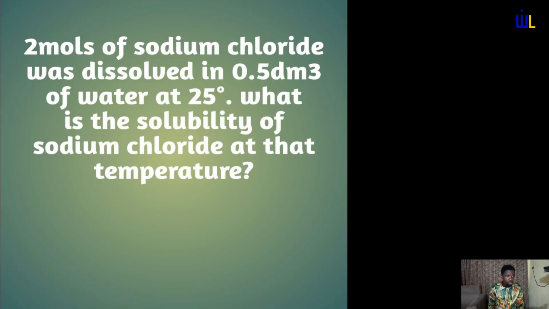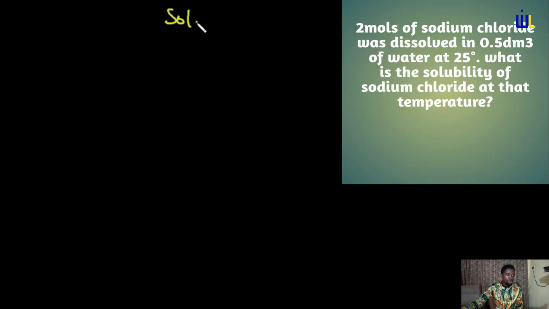The question says 2 moles of sodium chloride was dissolved in 0.5 dm³ of water at 25 degrees Celsius. What is the solubility of sodium chloride at that temperature? Quite simple, so let's solve. If you notice, writing out our parameters, the solute is 2 moles of sodium chloride.